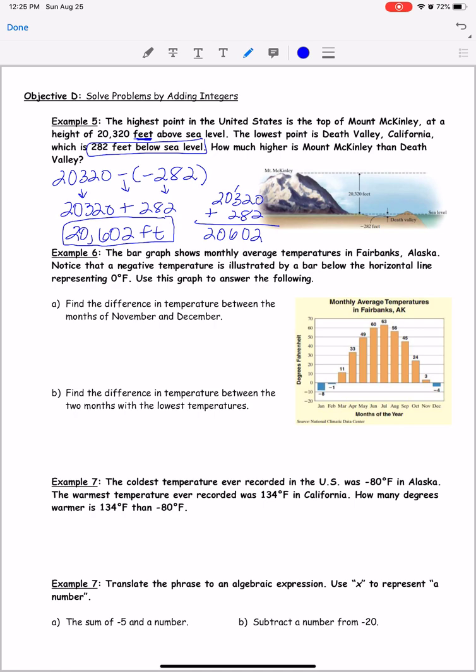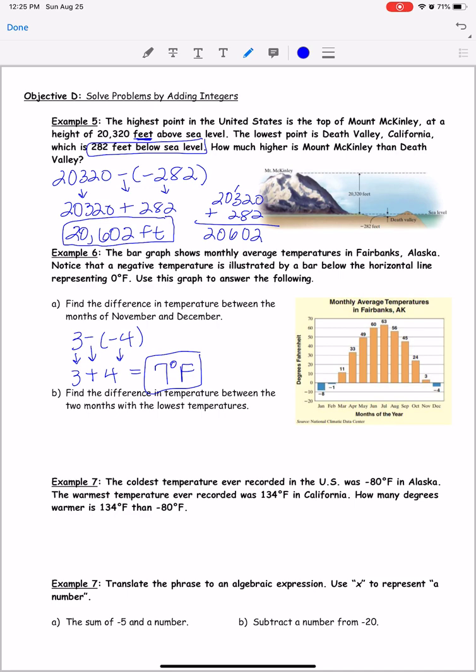So that means since it's difference again, we've got 3 minus a -4. So keep your first number, 3. Change your subtraction to addition and flip this number so negative becomes positive. So now it's just 3 plus 4, so we get 7. And so 7 what? We are in degrees Fahrenheit. So the difference is 7 degrees Fahrenheit.